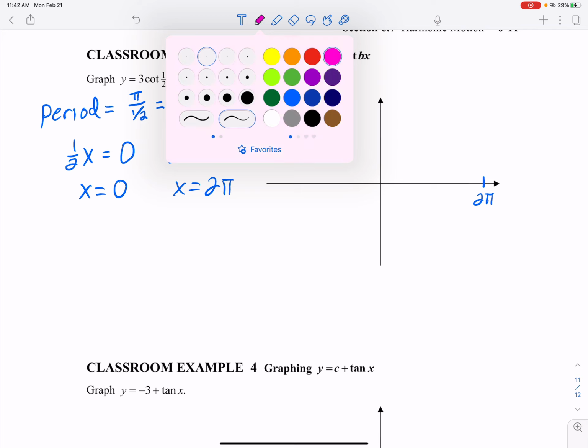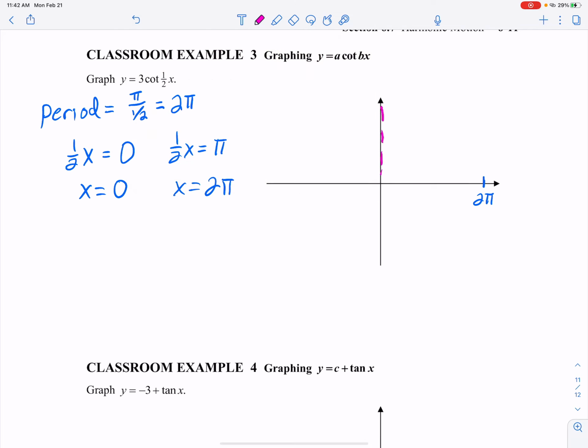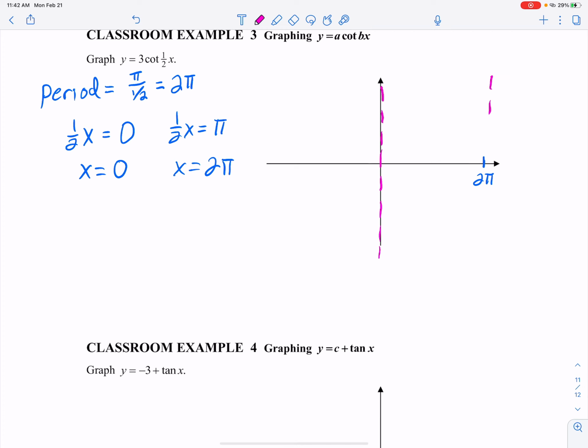Let's do our asymptotes first. At 0, 2 pi. And then I cut up my axis. Halfway between would be pi. Halfway between that is pi over 2, which means this is 3 pi over 2.